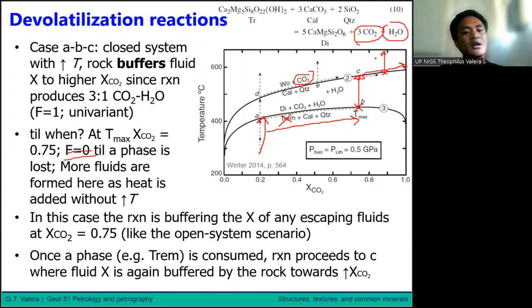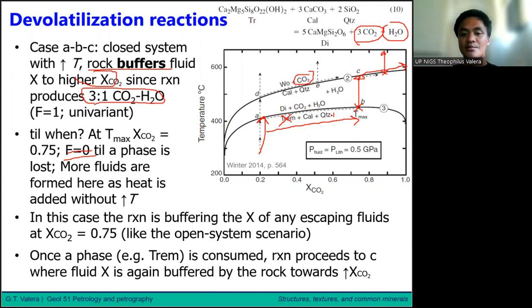Okay? So, in a closed system, the reaction of the rock buffers yung fluid composition natin to either higher CO2 or higher water, depende sa ano yung product ng reaction natin. In this particular case, it is being buffered papunta dito kasi binibilang natin yung fluid phase as another phase.